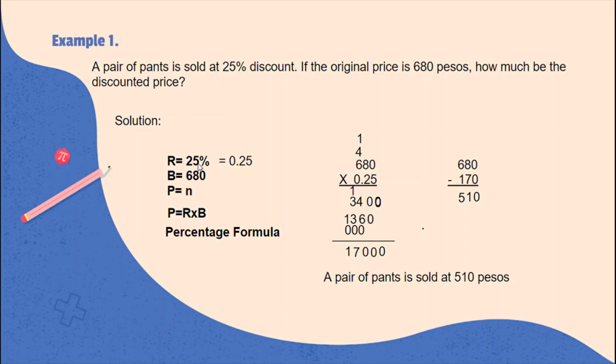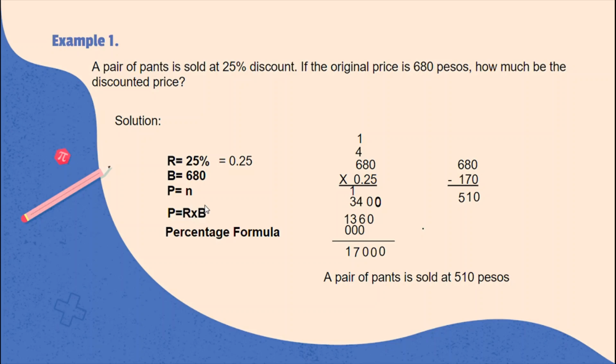25% here is our rate. The total price for the pants is 680 pesos, so this is our base. And the discounted price is the value of 25%, and that is the percentage. We're looking for the percentage. That's why the formula that we're going to use is percentage equals rate times the base.